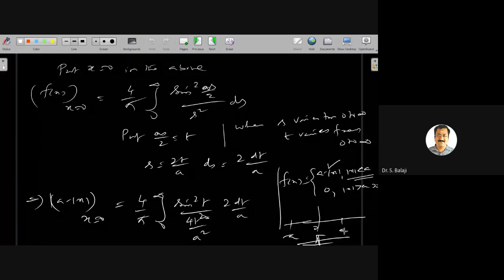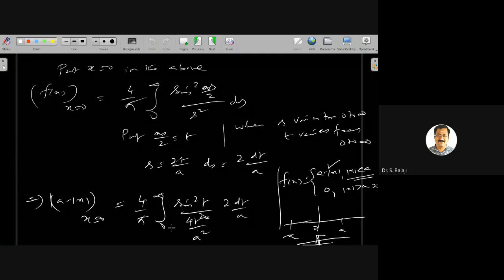Therefore, x equal to 0 lies between minus a and a, because a is greater than 0. So 0 lies within this interval. Therefore, for the left side, f of x is a minus mod x at x equal to 0.